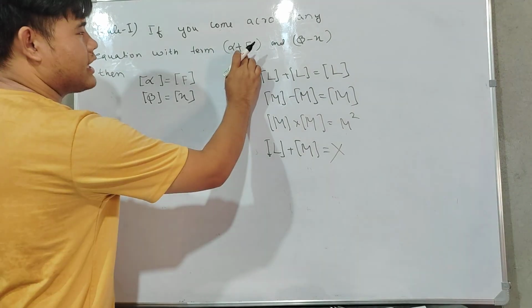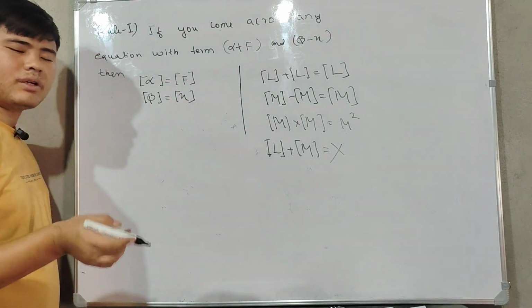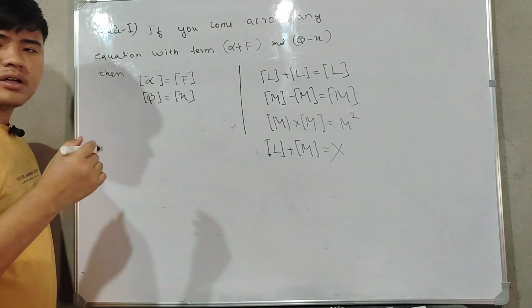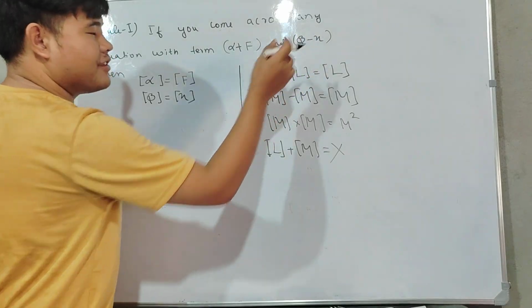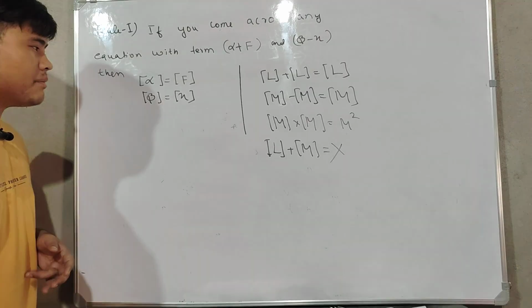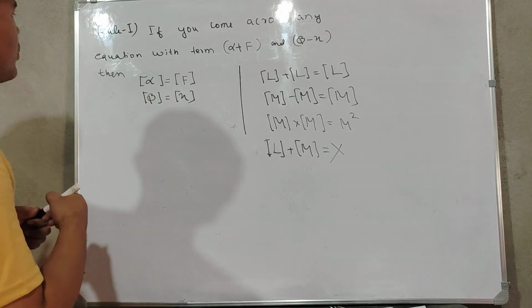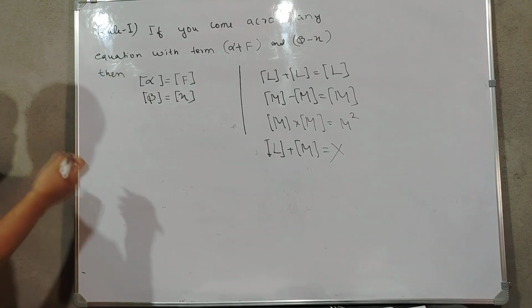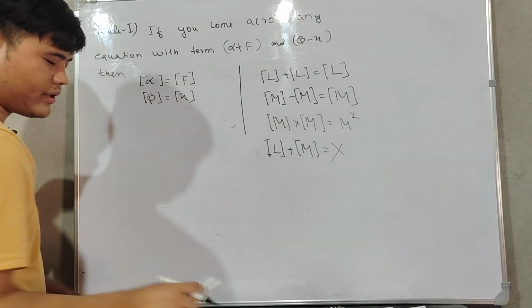If alpha plus f is there, whether it is in the numerator or in the denominator, that term will have the same dimension. Similarly, if it is subtracted, then also it will have the same dimensions, right? So let us do one example. Using these rules we will find the dimensions.